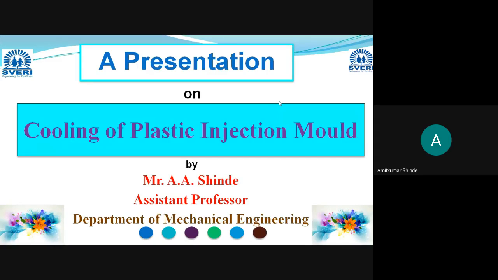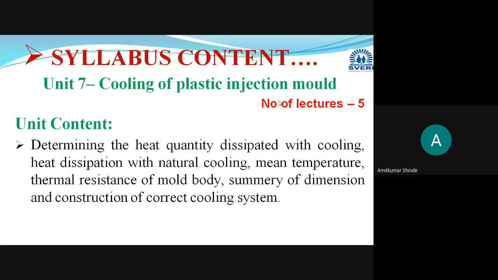Now, first I will go through this. This is the seventh chapter, that is cooling of the plastic injection mold. In this chapter, we are having various contents. The contents will be like this: determining the heat quantity dissipated with cooling, means how much amount of heat is removed during the cooling by using the water or whichever cooling medium or cooling fluid you are circulating in that cooling process.